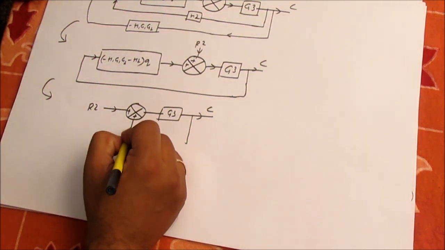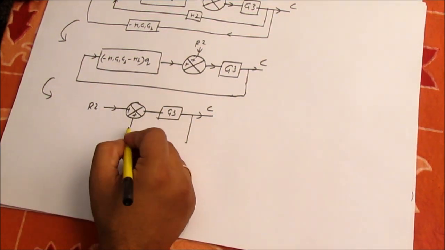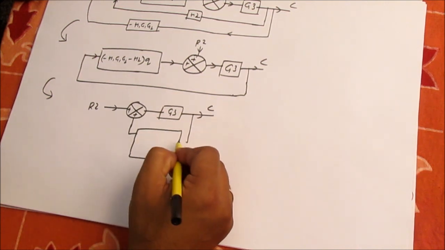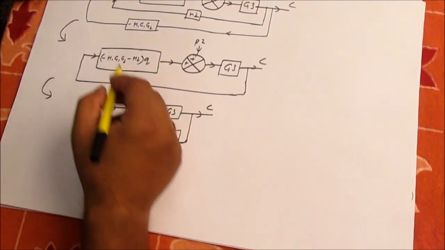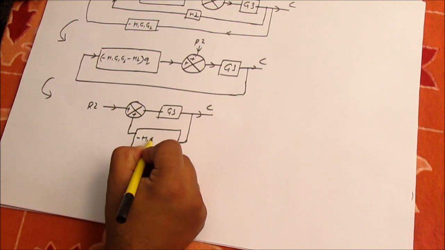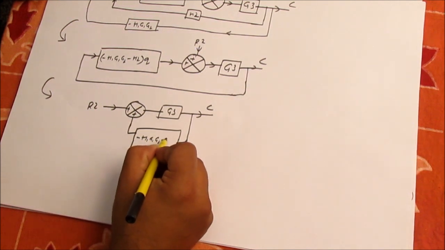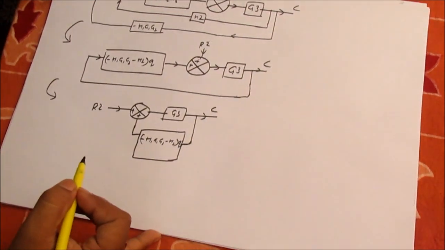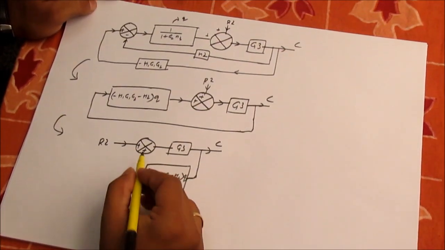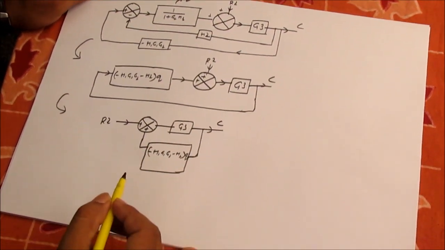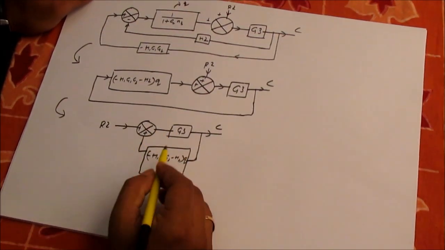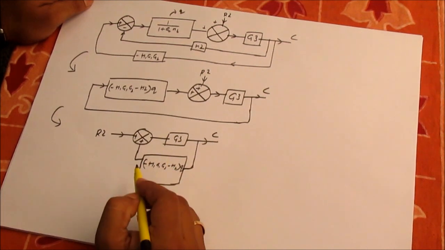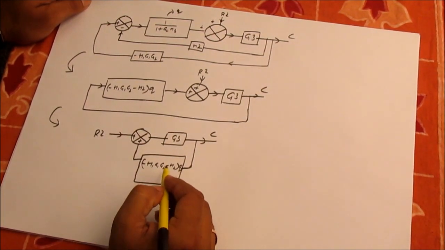This is plus, and the value of this is minus H1 G1 G2 minus H2 into Q. So this is an example of positive feedback, and we know how to replace the positive feedback. Its formula is G divided by 1 minus GH.